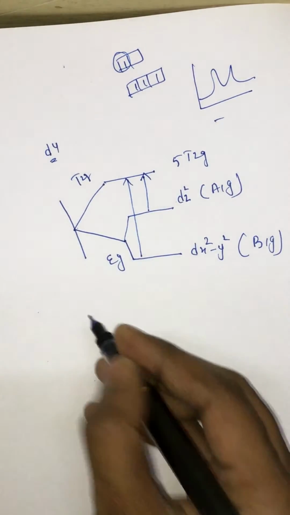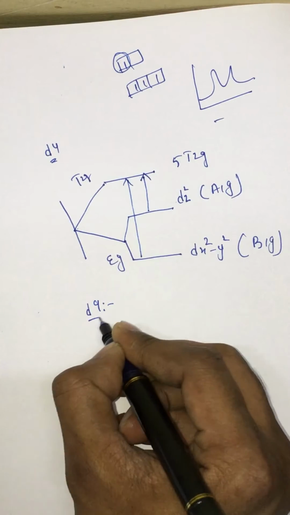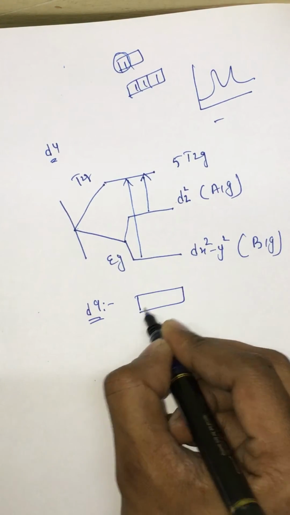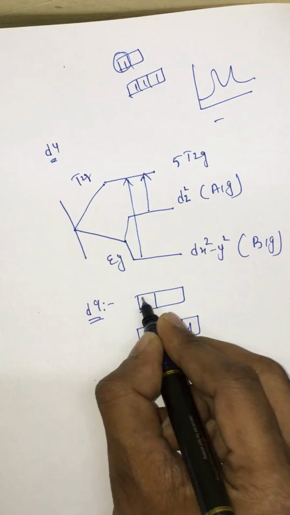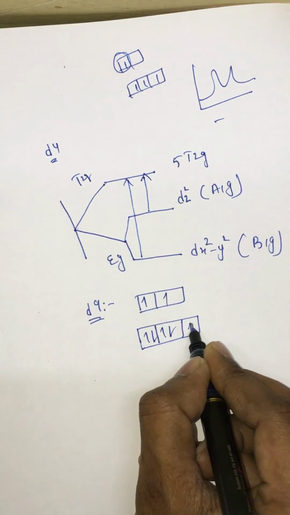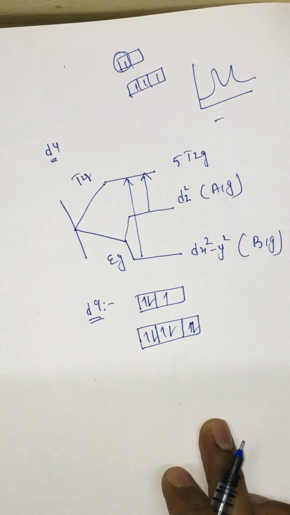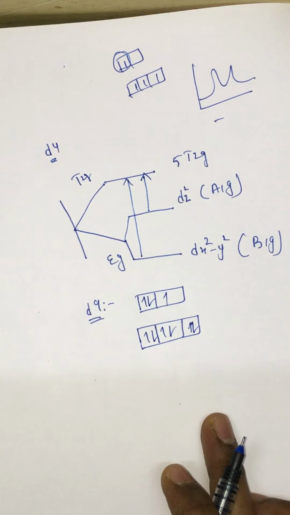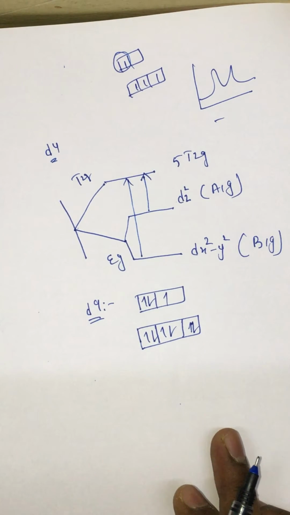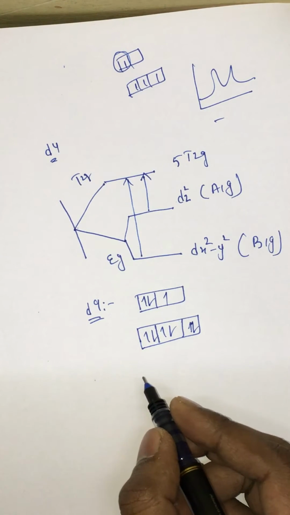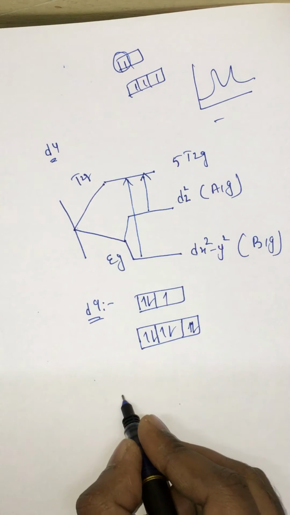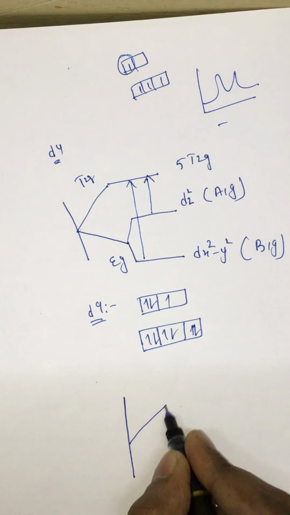And similarly d9 also. In d9 we have unsymmetrically filled T2g and symmetrically filled Eg. So here it's highly unsymmetric, right? In the case of d9 configuration we see mostly Jahn-Teller distortion also.